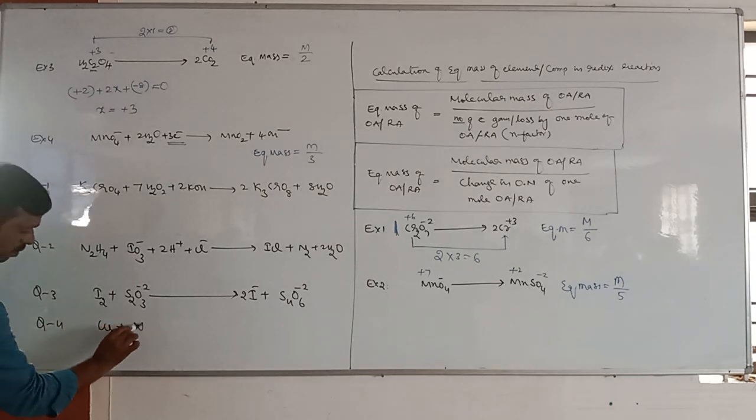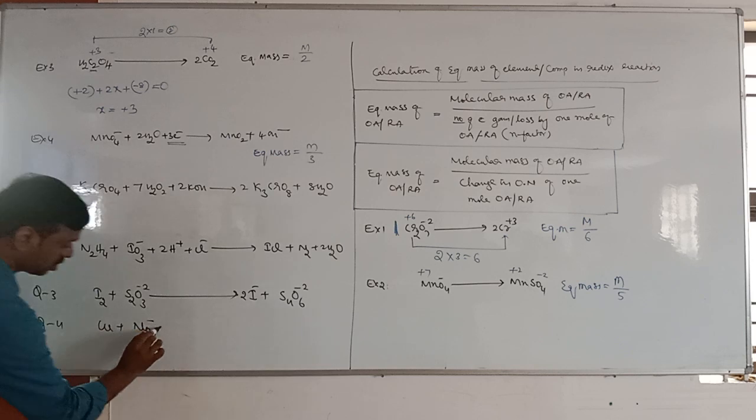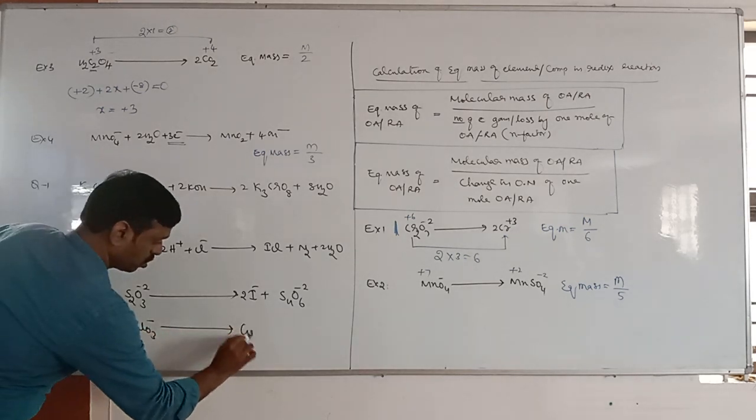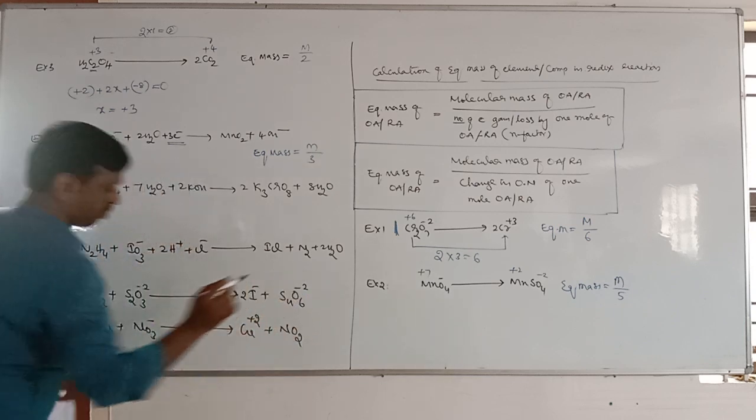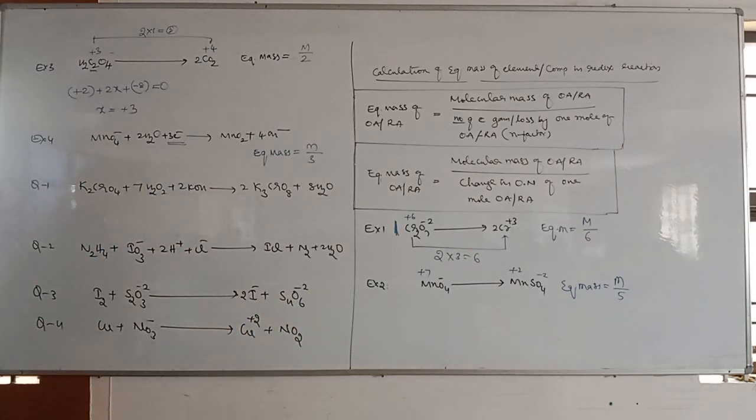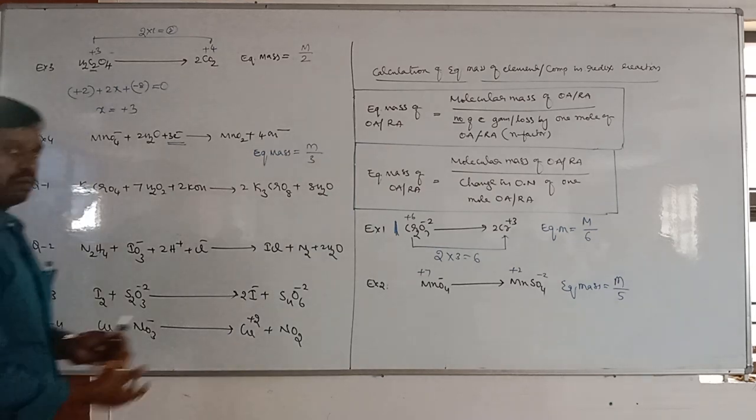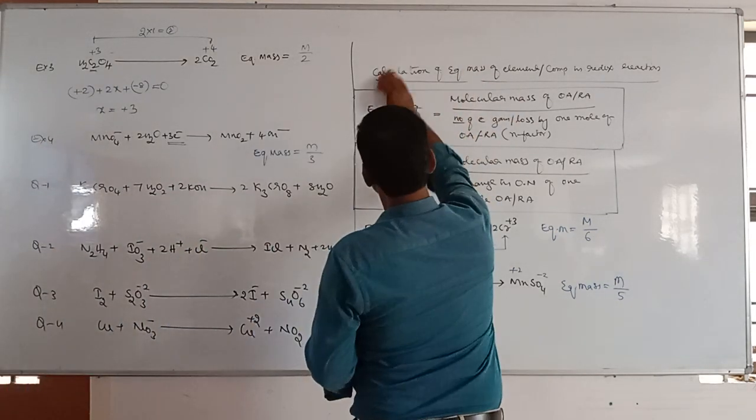Next: Cu plus NO3 minus gives rise to Cu plus 2 plus NO2. We calculate the equivalent mass of both oxidizing and reducing agents.